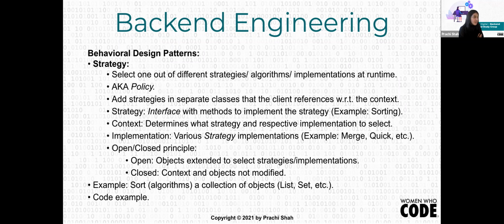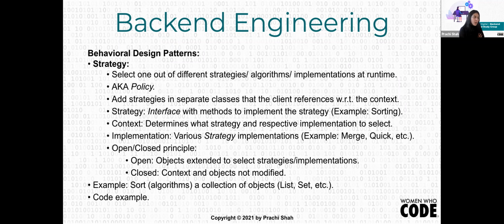Context here helps us determine what the strategy is and which respective implementation we want to choose. And implementation here is just the various proper implementations. If I choose merge sort, then I also need to code what the implementation of merge sort is, or quick sort or selection sort, etc.